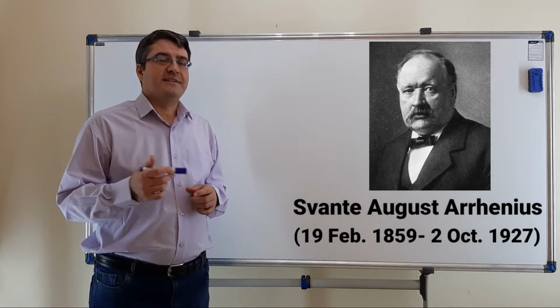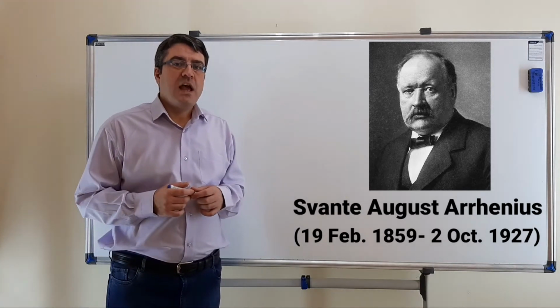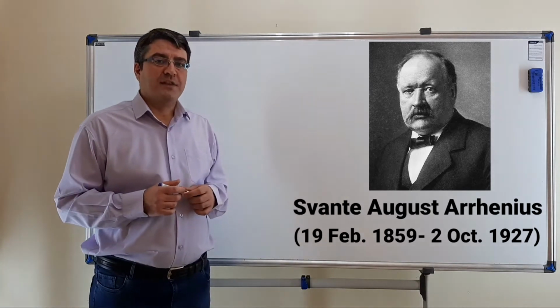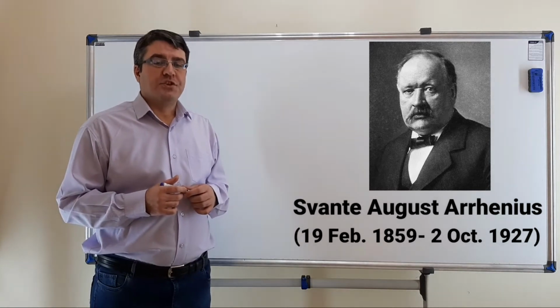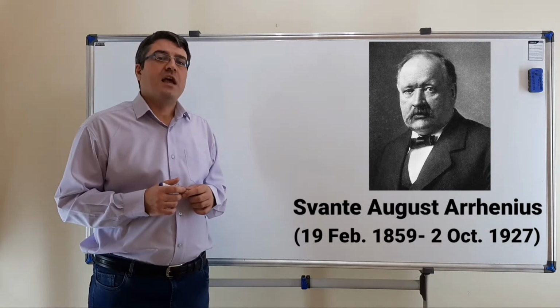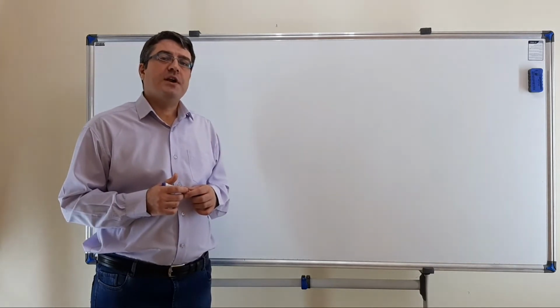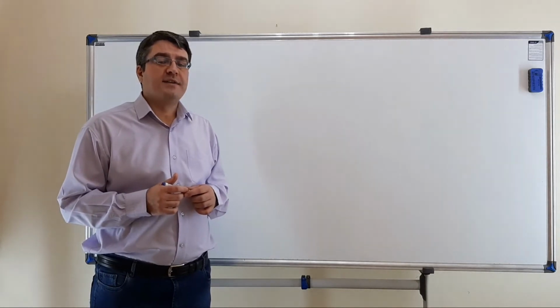Based on the Arrhenius definition, an acid is a substance which dissociates in water and produces H+ or hydrogen ions, while a base is a substance which dissociates in water and produces OH- or hydroxide ions.